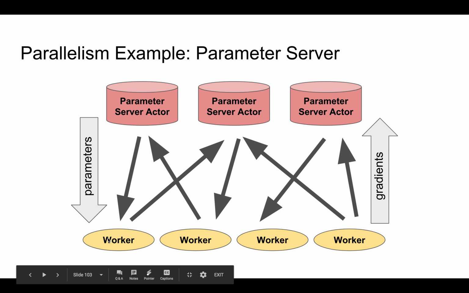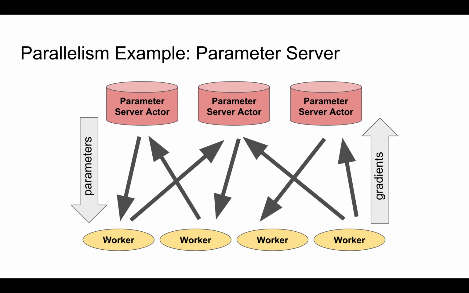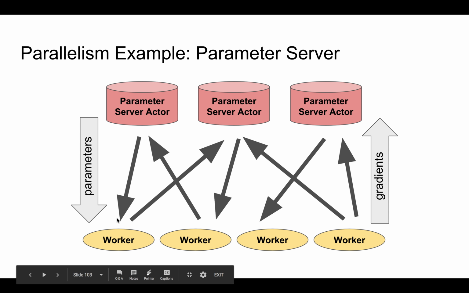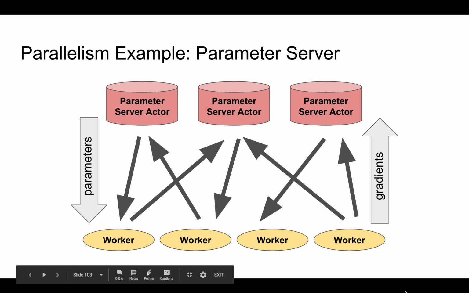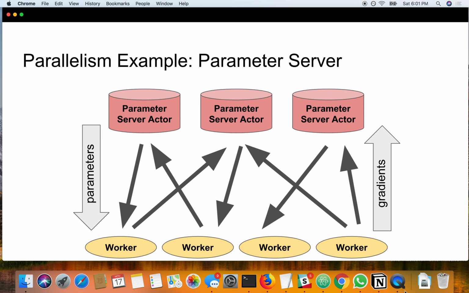Then when a worker computes a gradient, it partitions that gradient into 3 pieces, sends each piece to the relevant parameter server, and then those results are aggregated, and then each parameter server sends all of its parameters to each worker. So let me show you what that looks like in Python.